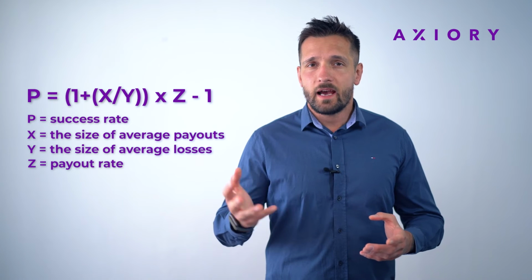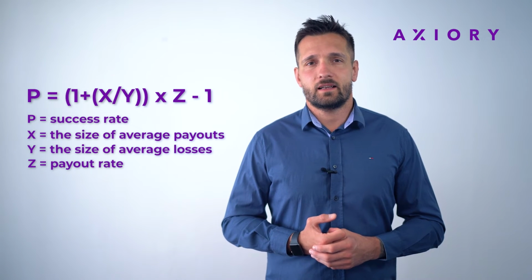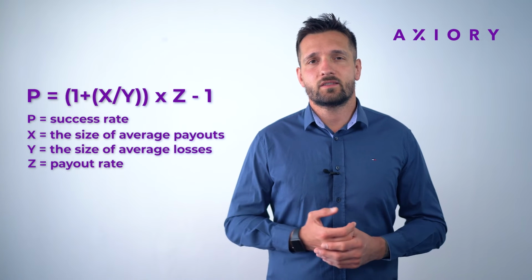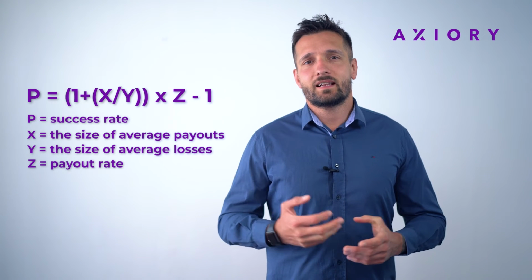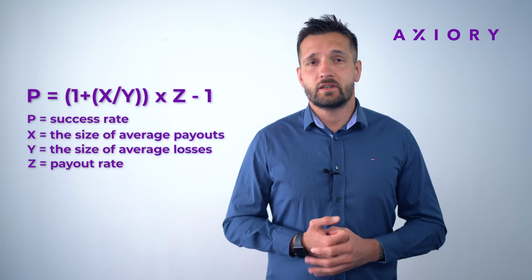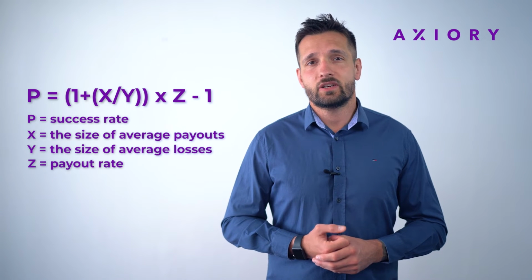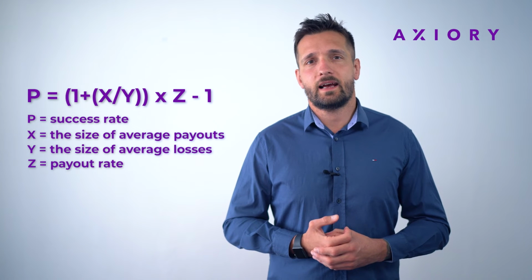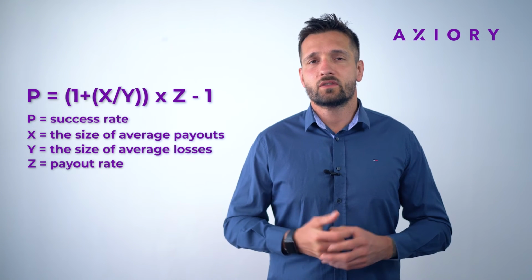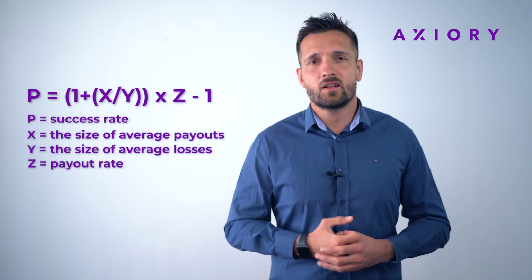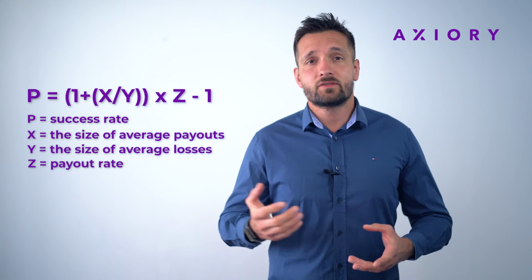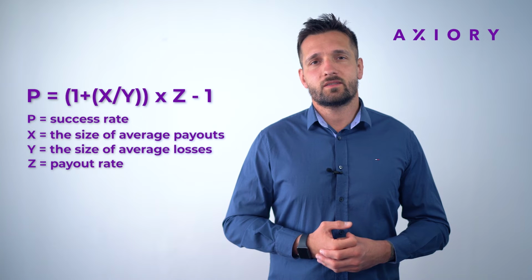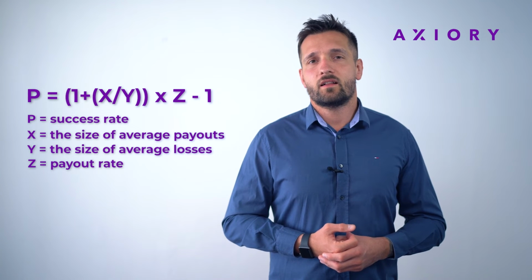You had 8 winning trades, which gave you $4,000. 4,000 divided by 8, that's $500 for each win. Then losses, you had 2 losses, remember, and those were together for $2,000. 2,000 divided by 2, that's $1,000 per loss.